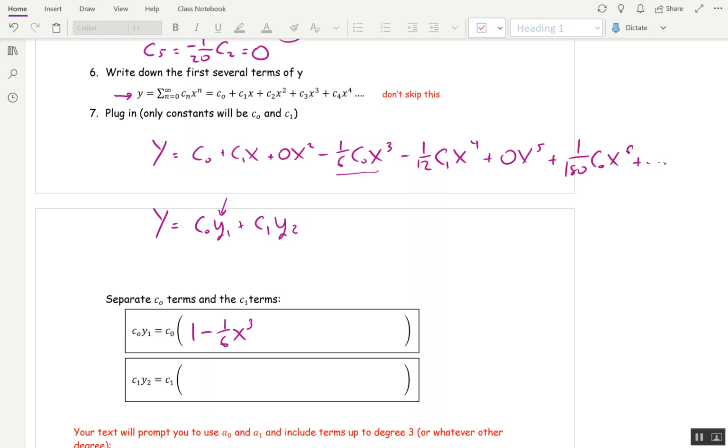And then the next one involving C0 is 1 over 180 x to the 6. I don't need that term because I only had to go up to 5, but I'm just putting it there so you can see the pattern. And then my C1 terms are, okay, I've got an x, and then minus 1 twelfth x to the 4th, and then that's it. So plus dot, dot, dot.